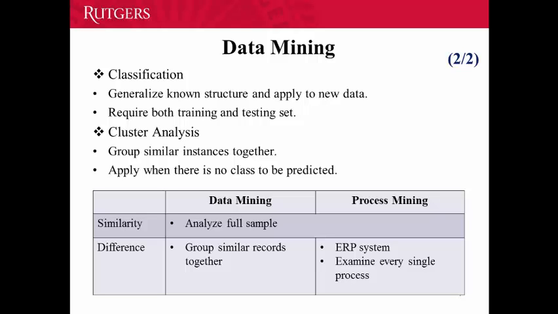So for example, if we have 90% of the data randomly divided as a training set, and the other 10% as a testing set, then we use the training set to analyze and find out certain patterns and characteristics. Then we apply it to the testing set to see the correctness of the prediction.